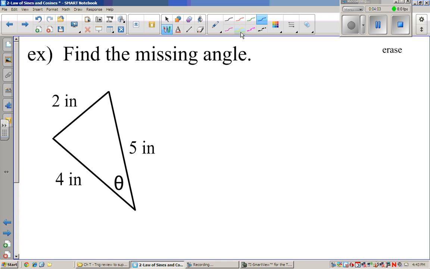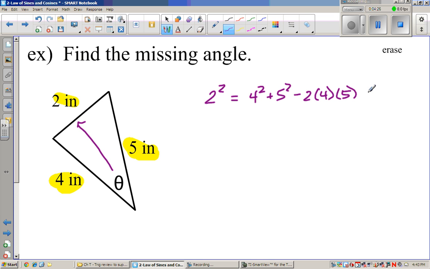In this one, you'll notice that I have a side, side, side situation. So I know 3 sides, 1, 2, 3, and I'm trying to find this angle right here that is opposite the 2-inch side. So that's the one I'm going to put first. So I've got 2 squared equals 4 squared plus 5 squared minus 2 times 4 times 5 cosine of theta.